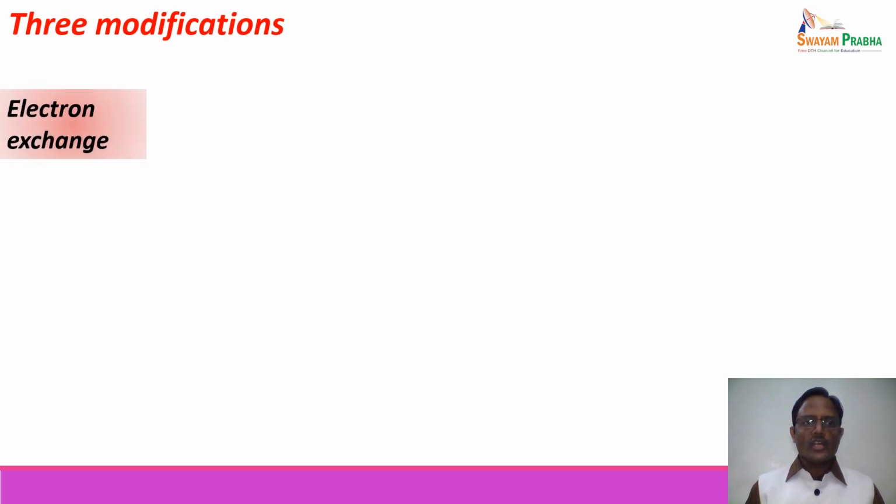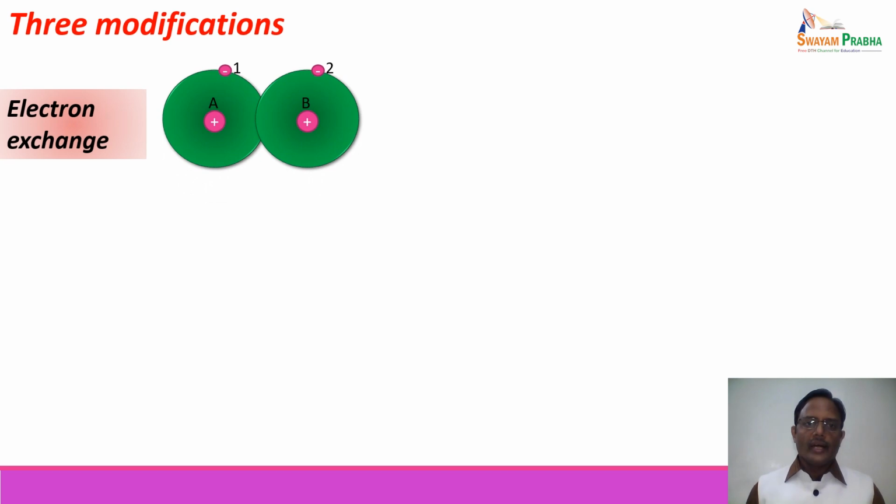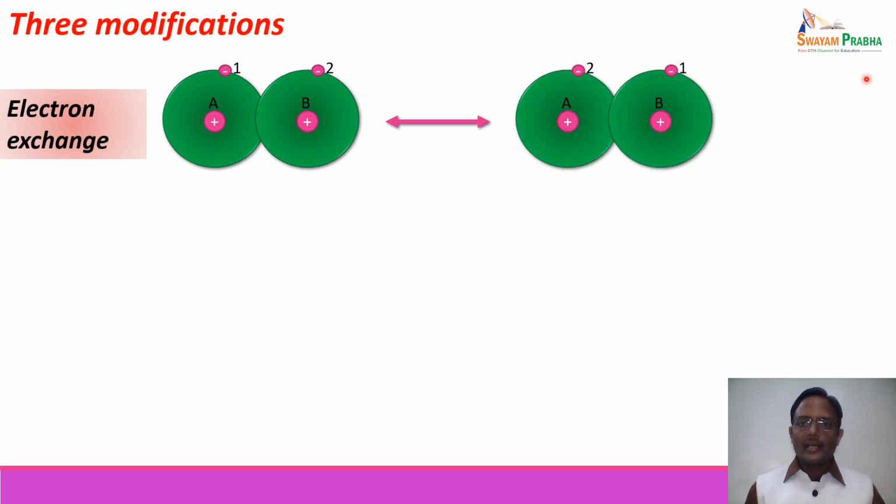The first modification is electron exchange. It is quite possible that the electrons of the HA atom and the HB atom, initially present with their own nuclei, can be exchanged after formation of the bond, so that electron 2 can also be found near the nucleus of HA and electron number 1 can also be found near the nucleus of HB.